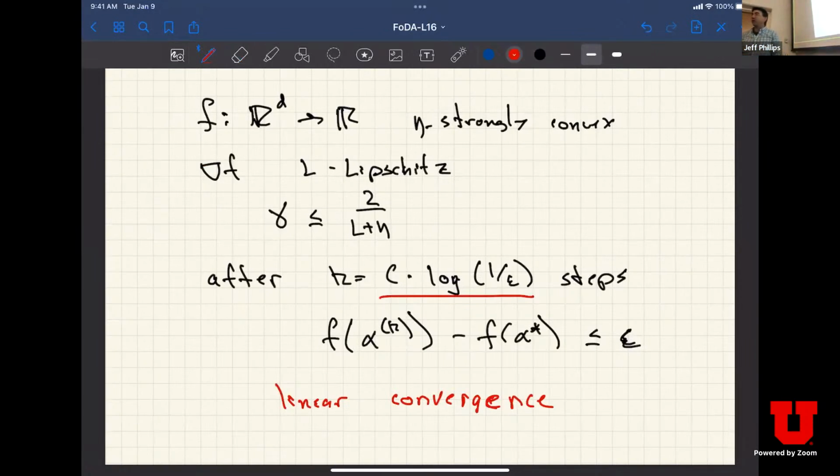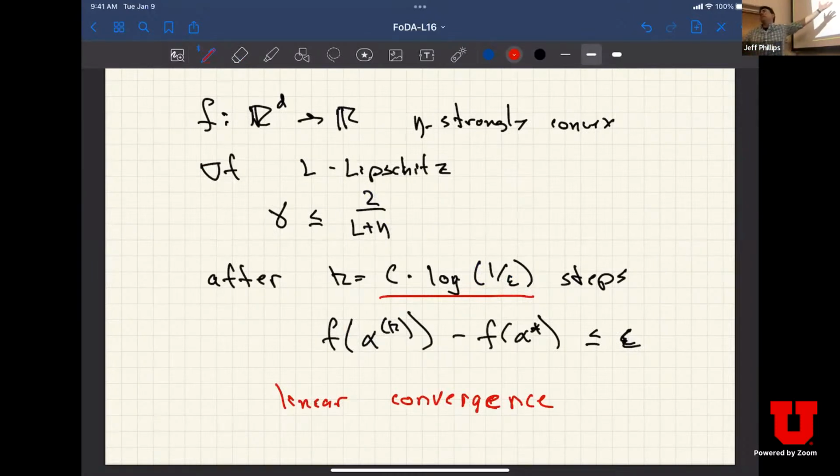That's pretty cool, right? So take 2 steps, you resolve the first digit of precision. Two more steps, you get the second digit of precision. It gets harder and harder as you go, but it's still getting a new digit of precision every constant number of steps. So this is a really fast convergence rate, and this is what we like to see.